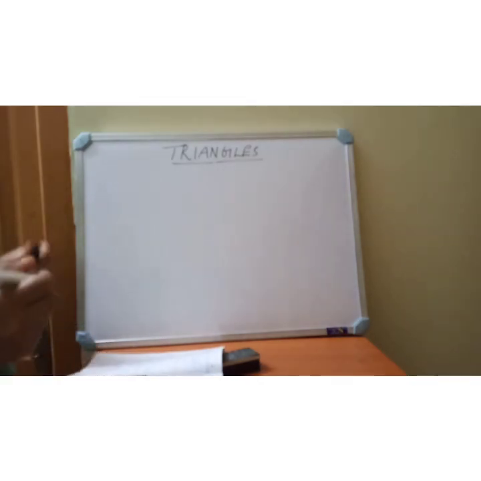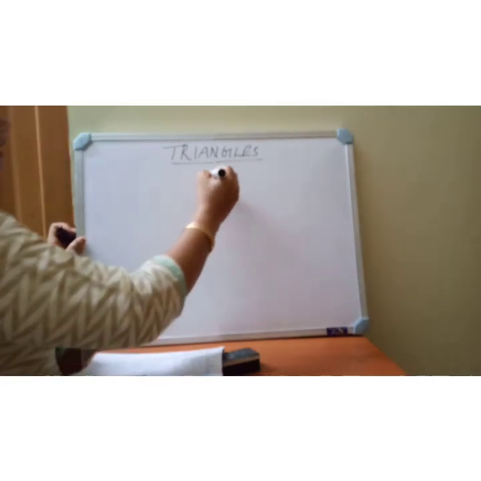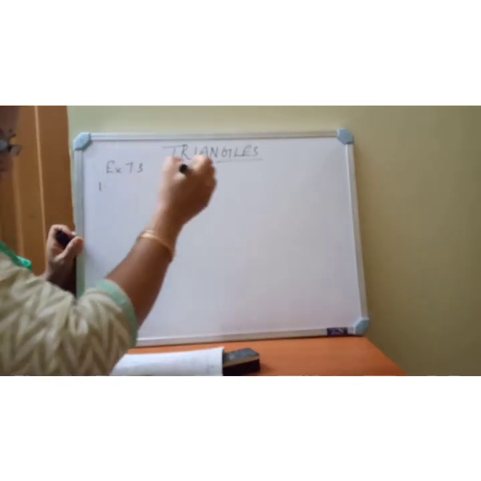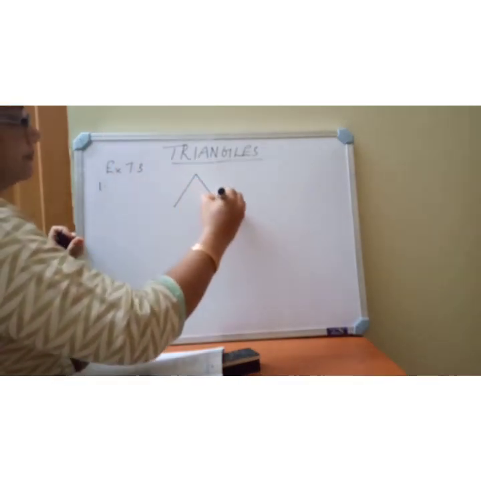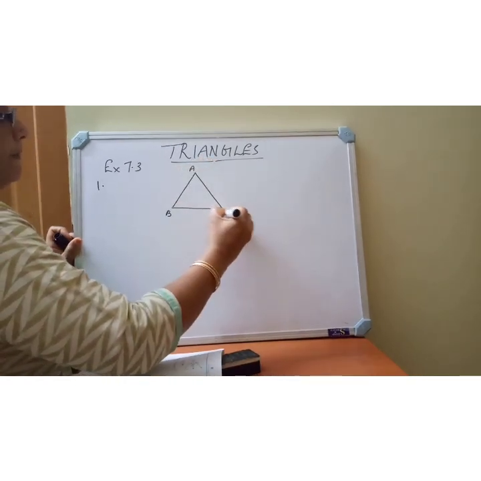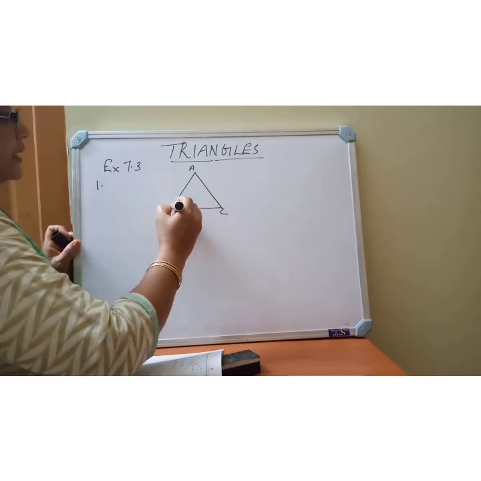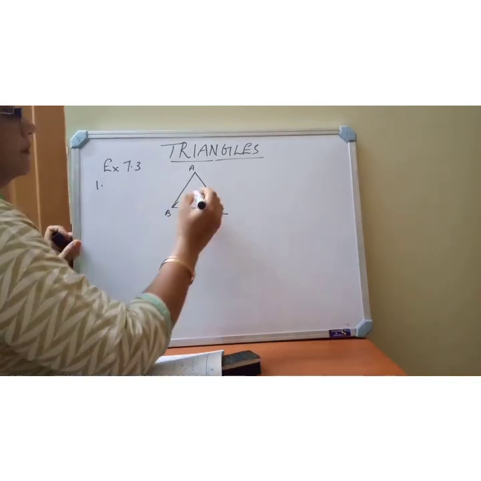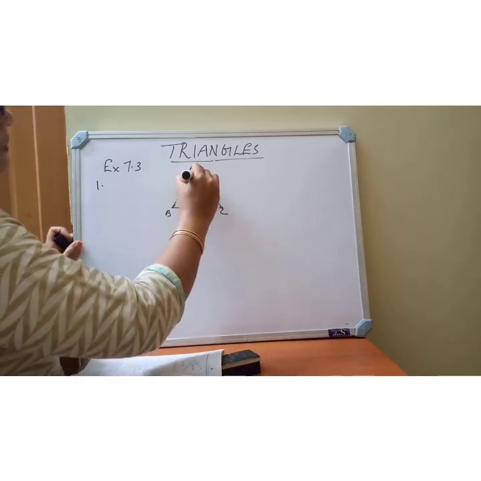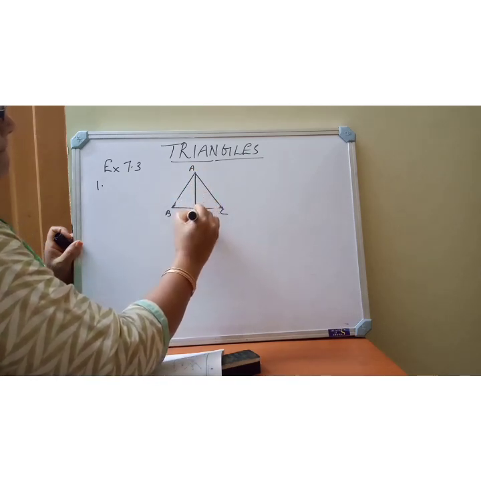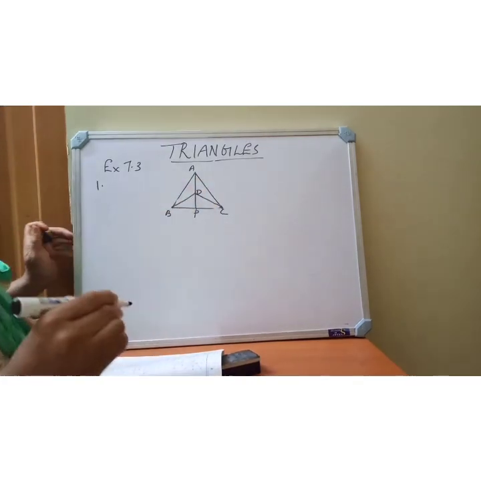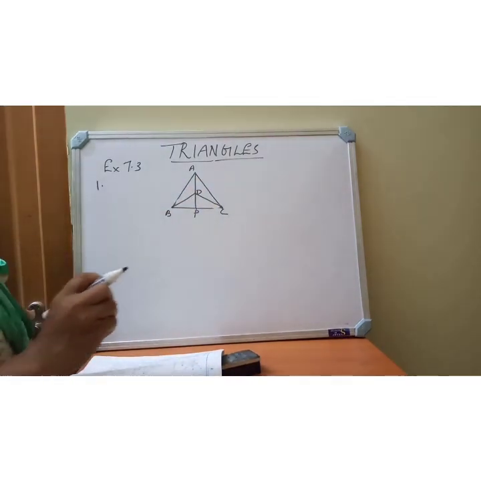They are given that triangle ABC and triangle BDC are two isosceles triangles.